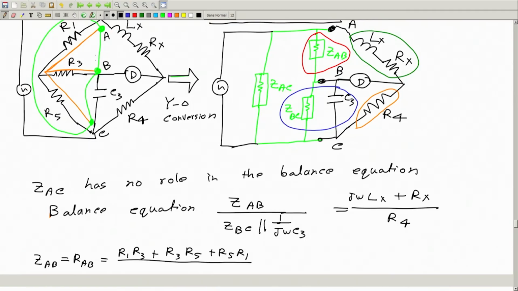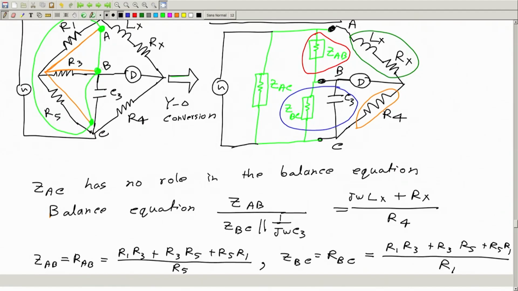So, for AB the opposite arm is this R5, which is not connected to A or B. Similarly, this branch, ZBC, or you can write this as RBC because this is going to be a resistance, will be this product R1 R3, R3 R5, R5 R1, whole divided by the opposite arm, and the opposite one in this case is R1.